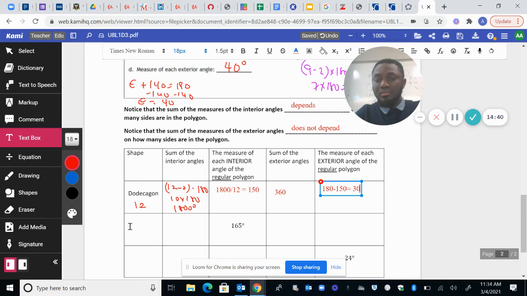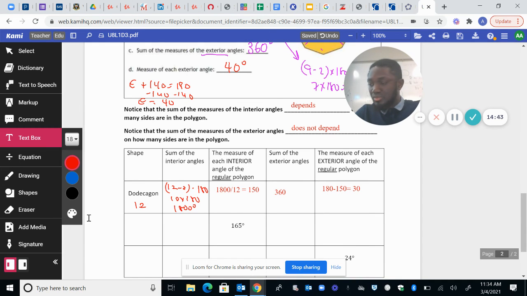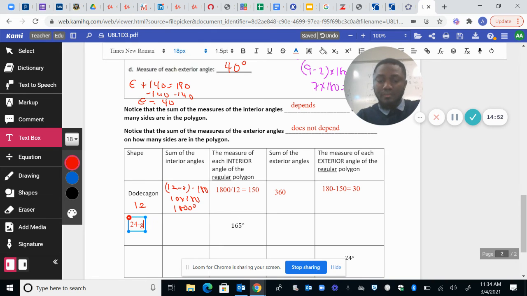On the other side as well, if I put a 24-gon, I'm going to have 24 minus 2 times 180. 24 is the number of sides, and if you take 2 away, it's the number of triangles. So 24 minus 2 is 22 times 180.